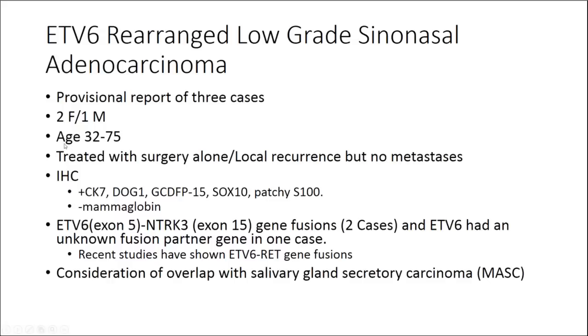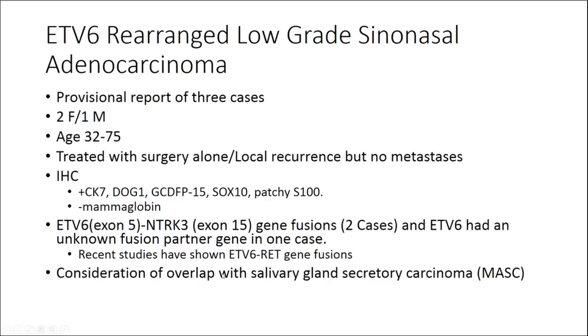They usually act in a low-grade fashion, so they can recur, but they don't metastasize. We talked about the immunohistochemistry that you see with these lesions. And then interestingly, in the first study, these were shown to have an ETV6 rearrangement, usually with NTRK, in 2 of these 3 cases, and then 1 had an unknown partner.